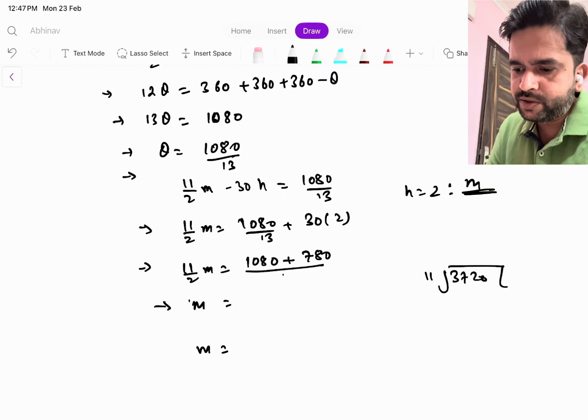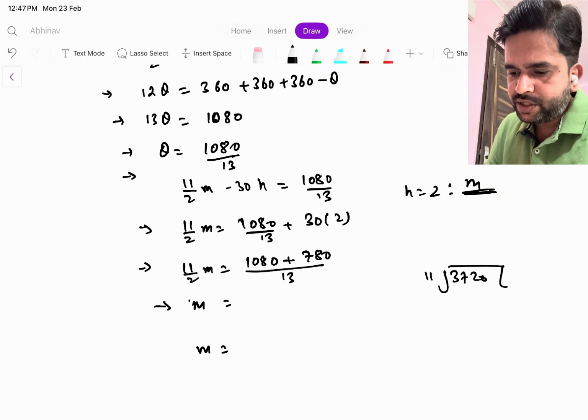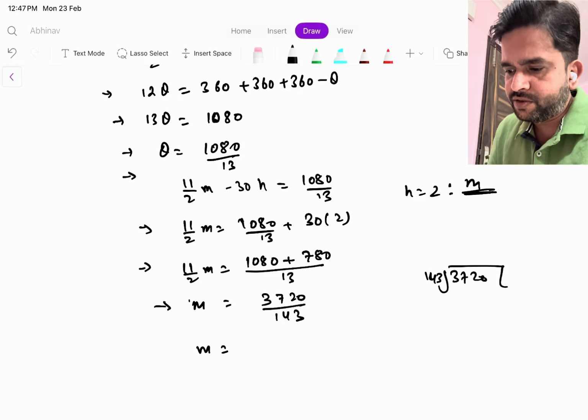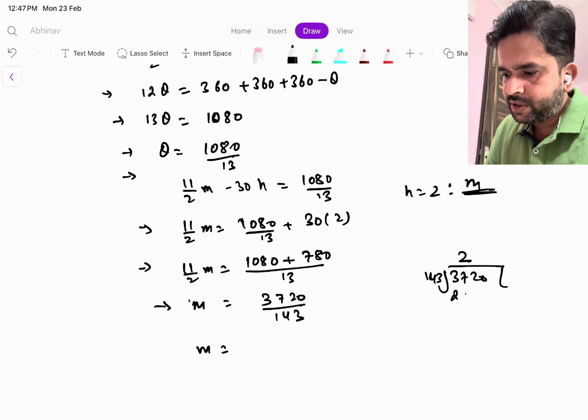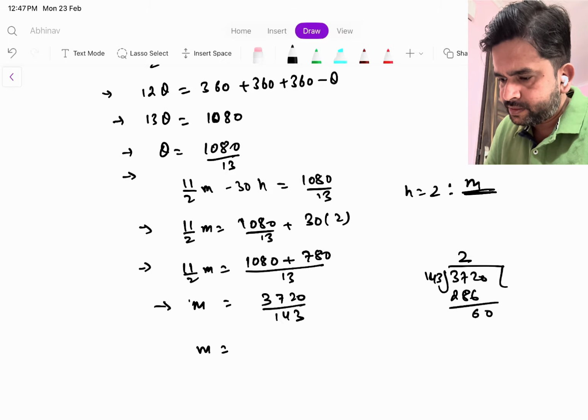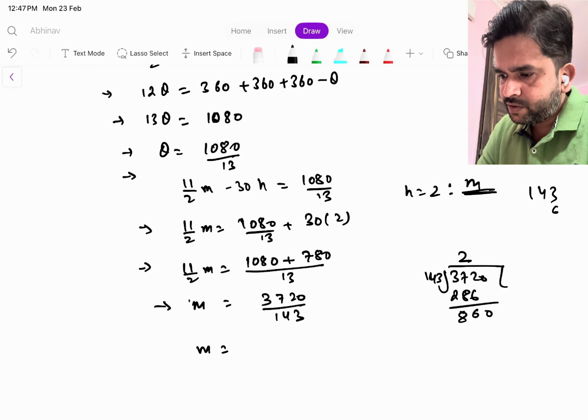The denominator also has 13 in it, so it will be 3720 divided by 143. So let us divide it by 143. 2 times 286, so 143 into 26.